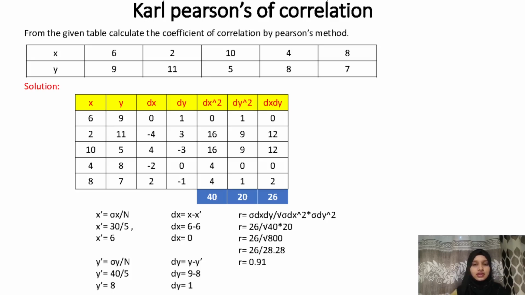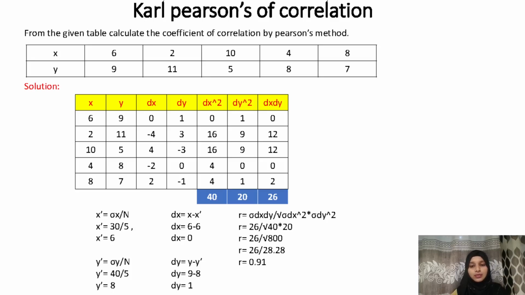If we find this data, we are able to calculate correlation analysis. The correlation analysis formula is given here: sigma dx into dy divided by under root sigma dx square into sigma dy square. Similarly, we can calculate the sum of dx into dy, the sum of dx square, and the sum of dy square: 40, 20, 26.